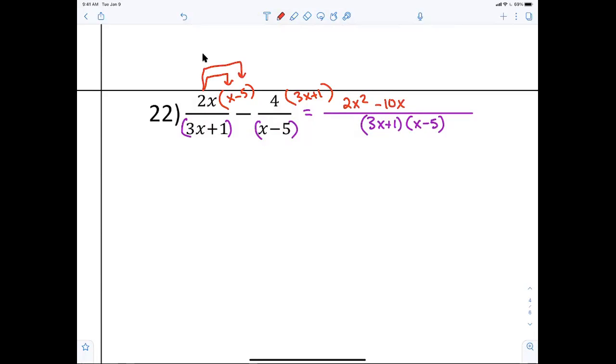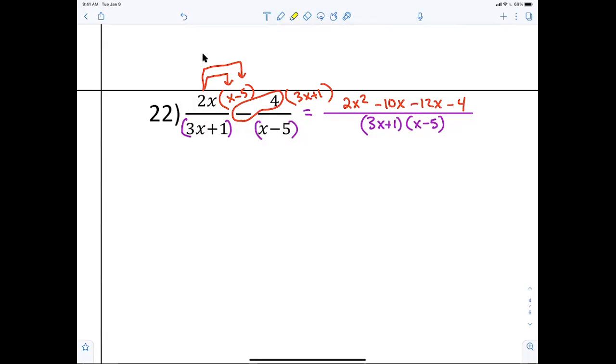Now you have to be careful because technically you're distributing a -4. Make sure you see that. It's -12x, and then -4 times 1, minus 4. Anybody have any issues with that?